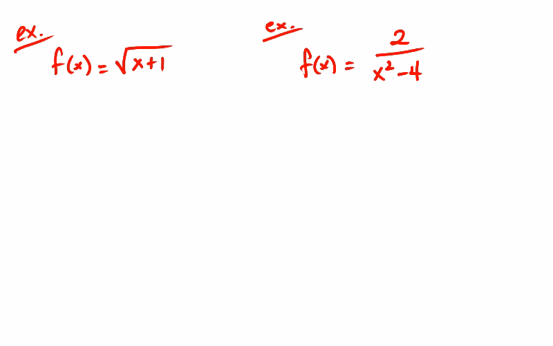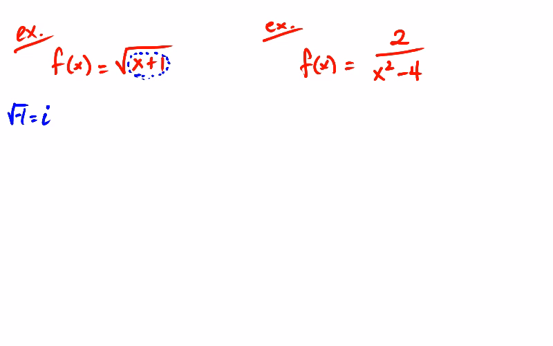In both of these cases, we have the potential for bad things to happen. In the first one, remember, you can't square root a negative. If you square root a negative number, you get an imaginary number, like the square root of negative 1 is i. So we wouldn't want a negative number underneath the radical.